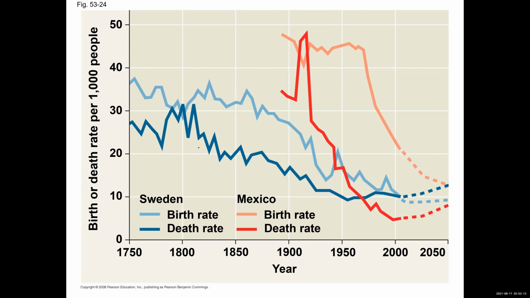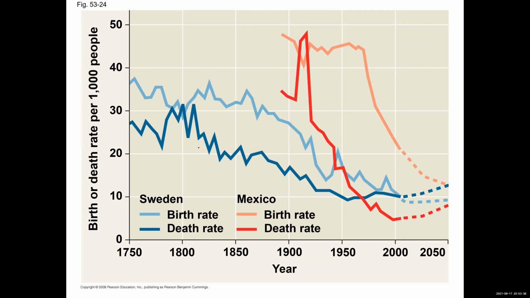And then in fact, as people are choosing to have fewer children, the birth rates and the death rates get close together. And we see projected on this graph, projected a little after 2000, the birth and death rate lines cross, so that the population will actually be starting to decrease.